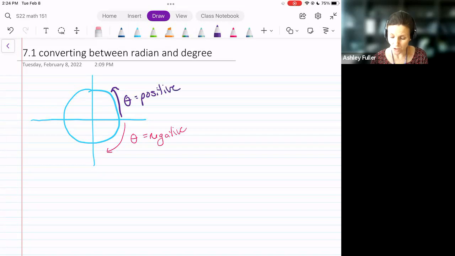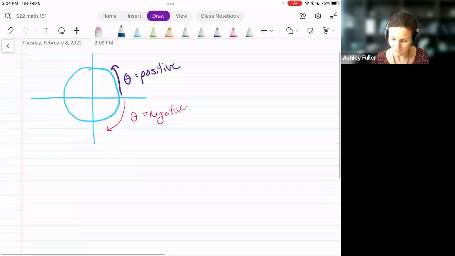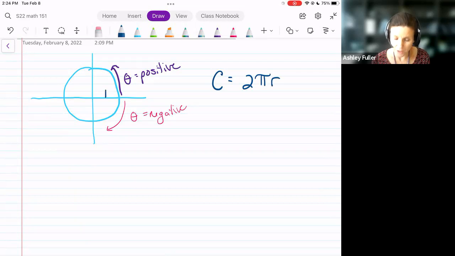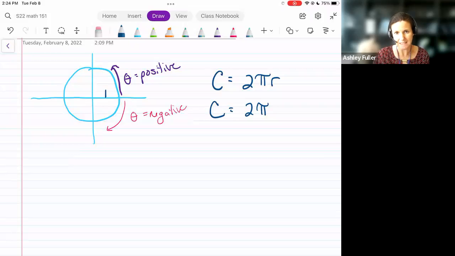For a unit circle, we know by definition that the circumference of a circle is 2 pi r. Specifically for the unit circle where the radius is 1, that circumference is going to be 2 pi. If we sweep out that entire circle, we know that is 360 degrees.